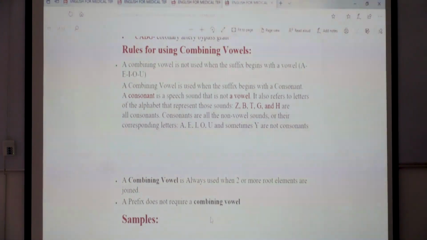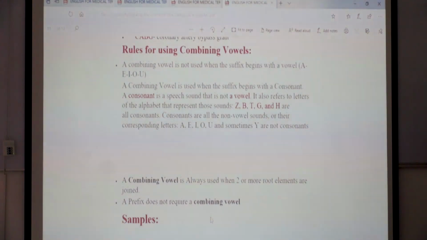The combining vowel is used when the suffix begins with a consonant.